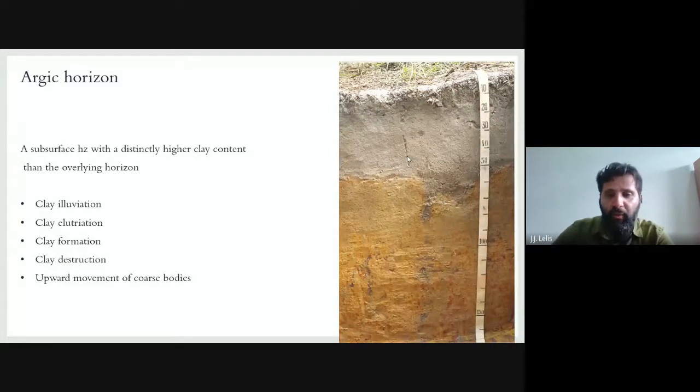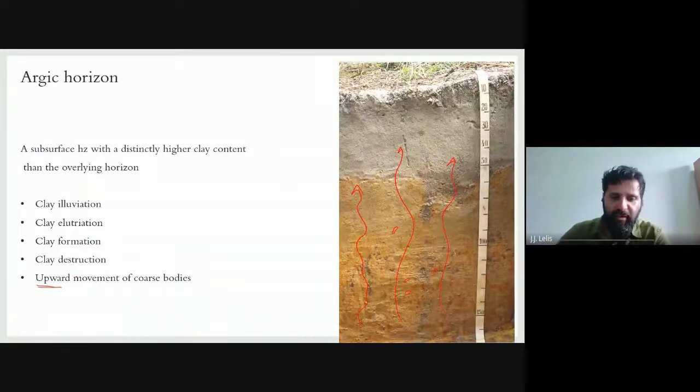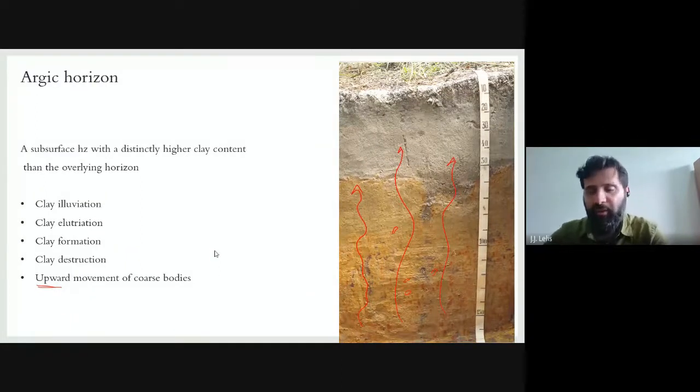We also can see the upward movement of coarse bodies, when we have some sand and gravel materials here, and they migrate from the subsurface to the surface horizons. And this upward movement generally occurs in materials that present a high content of expansive clays.